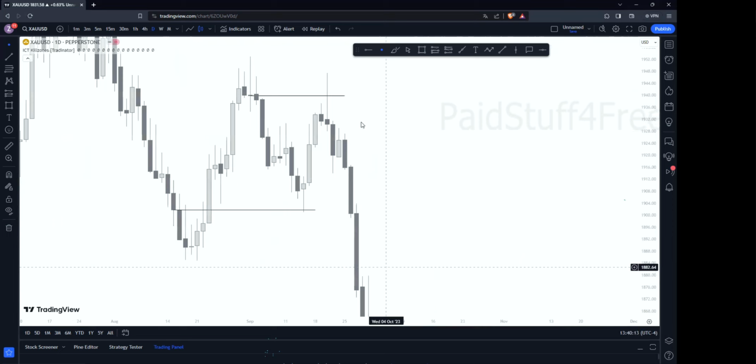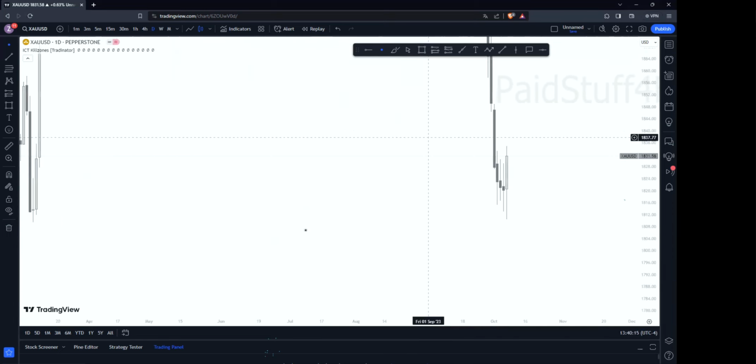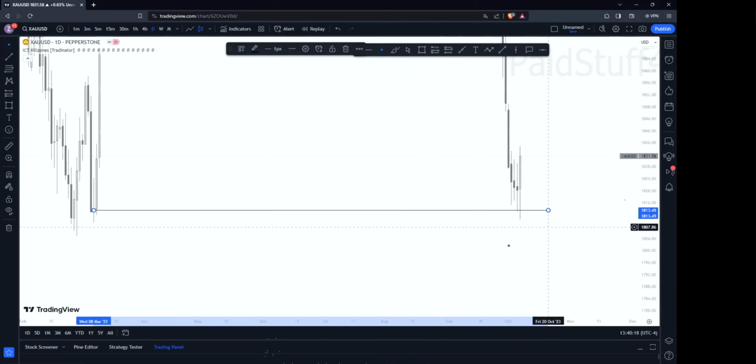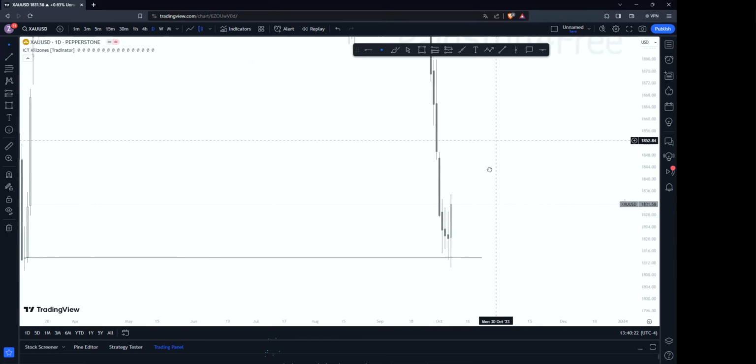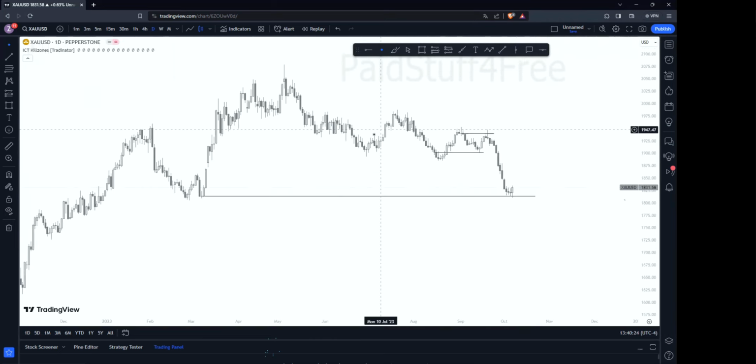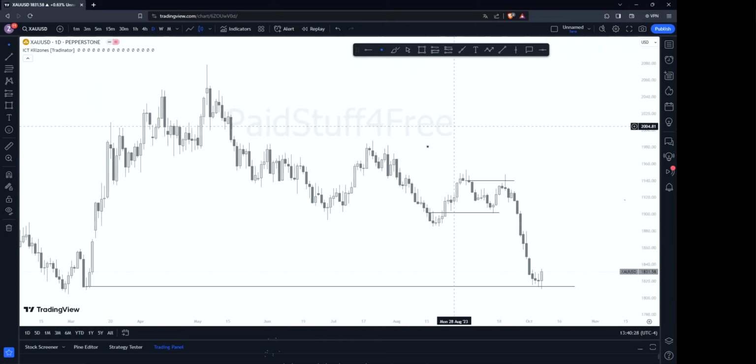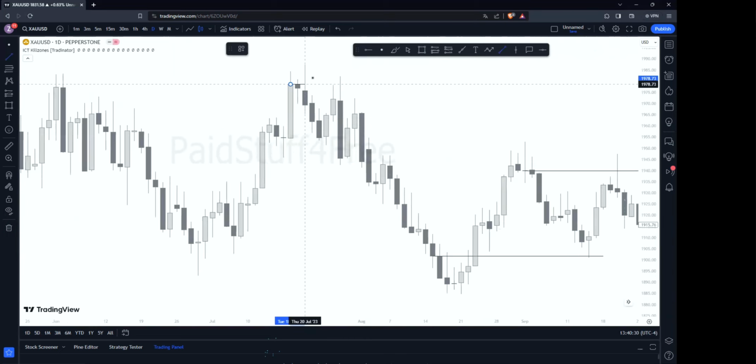Where did it stop here? Oh, stopped in this gap. Now, just give me all the levels that started and finished the swing points. So let's say price started the sell from here, bought from here, sold again from here, okay?